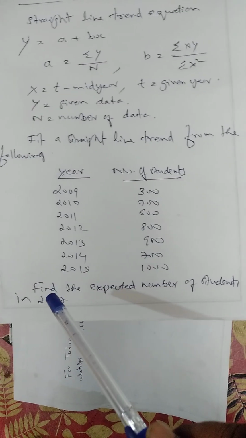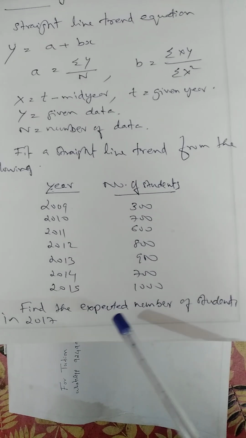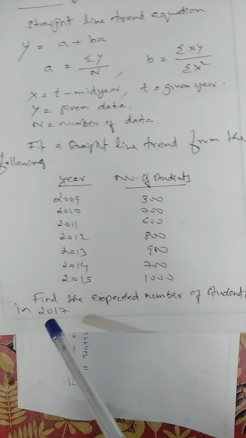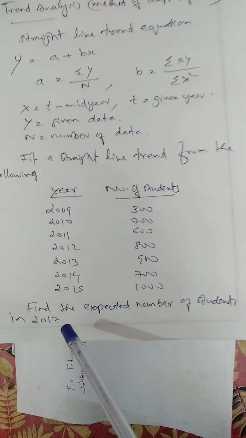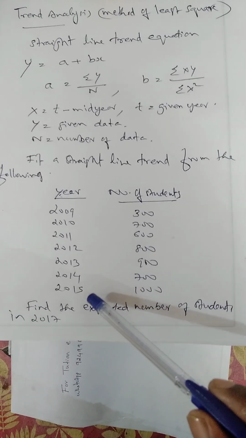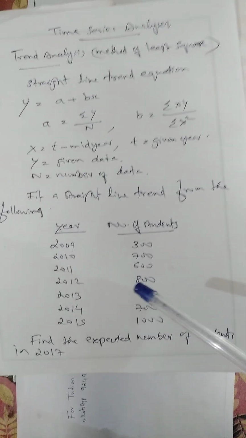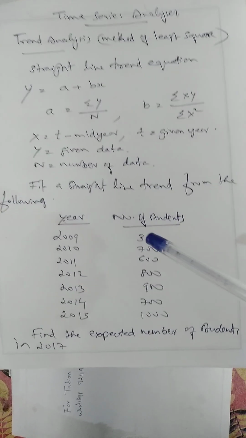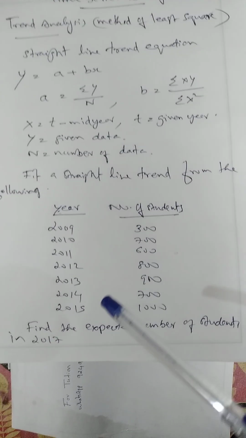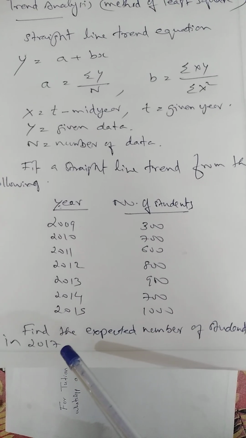And here one more question is asked. Find the expected number of students in 2017. That means from 2009 to 2015 data are given. Based on this, you have to analyze or find out the trend and then project the figure of 2017.